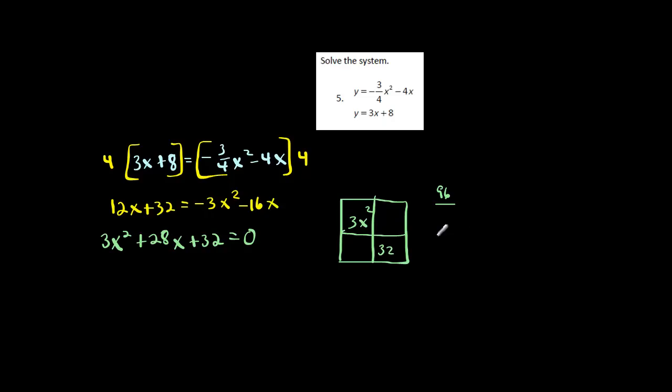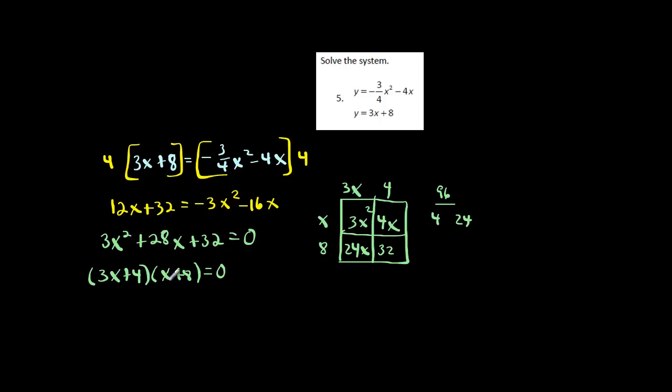If you do all the combinations of 96, eventually you're going to get to 4 times 24, and that's actually the combination that we want. So if I factor out, I have an 8, an x, a 3x, and a 4. So we're going to have 3x plus 4 times x plus 8 equals 0.